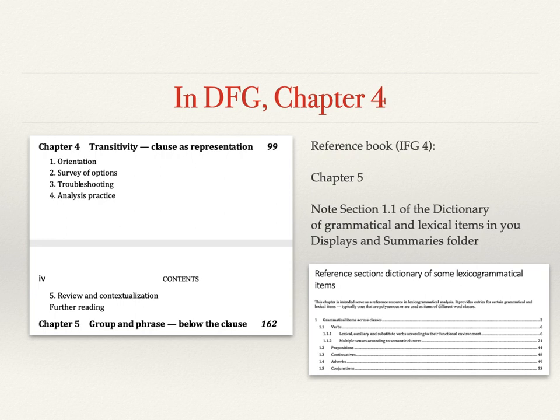So often when you do transitivity analysis, you'll come across very frequent verbs like do, make, and you can look them up in this dictionary to get some suggestion as to the possible process types in which these may function. So have a look at these materials.